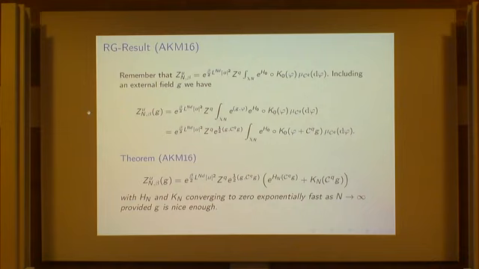And we have this input CQG of this external field. And this part here converges to 0 if this input G here is nice enough, whatever this means.